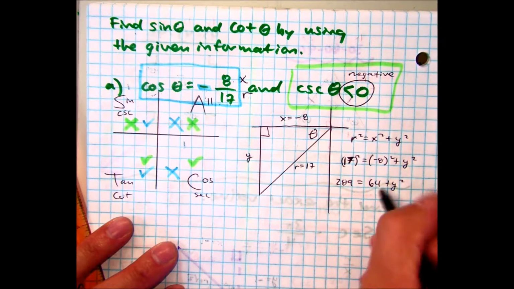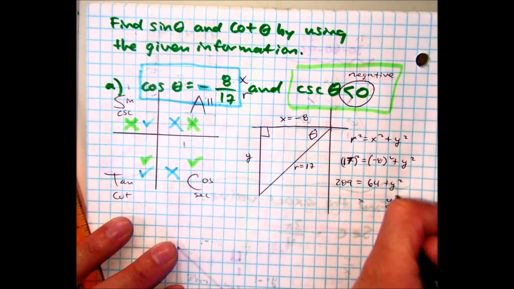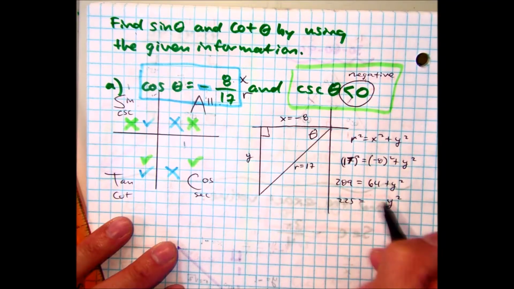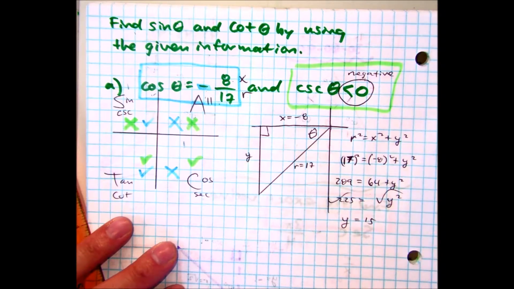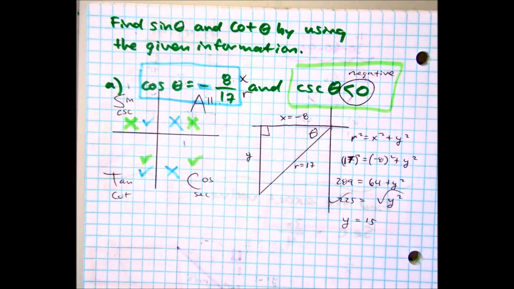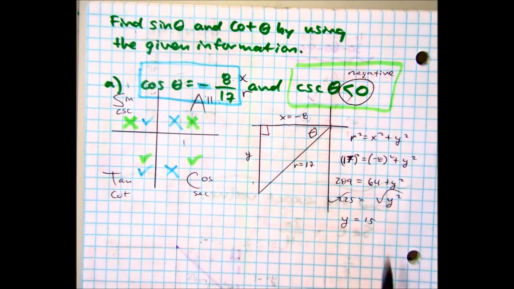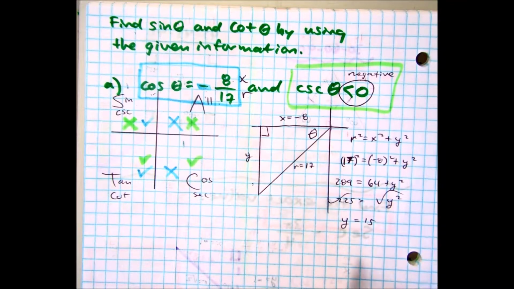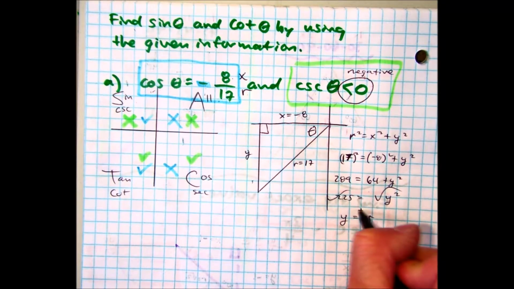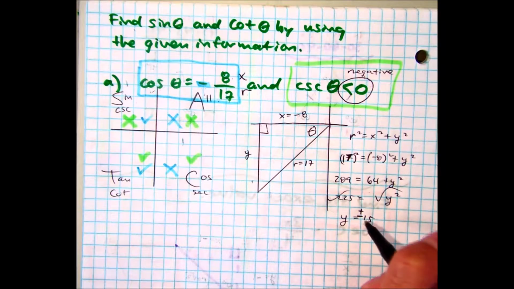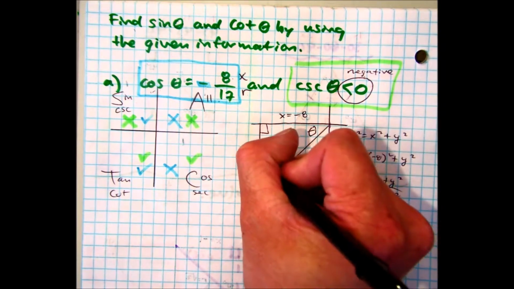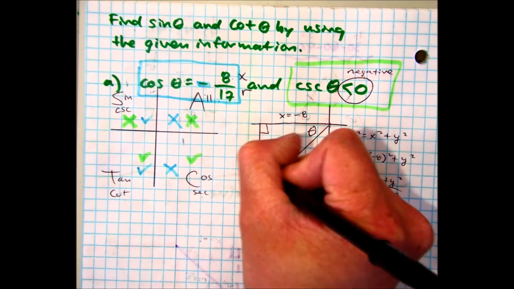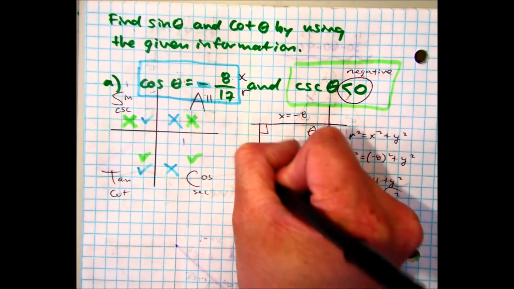If you subtract 64 from both sides and you take the square root, you'll get. Now, pay attention. When the y value is going down, is it going to be positive or negative? Remember, you actually have both. You actually have positive and negative 15, but in this case, I'm going to use negative 15 because I'm going down.